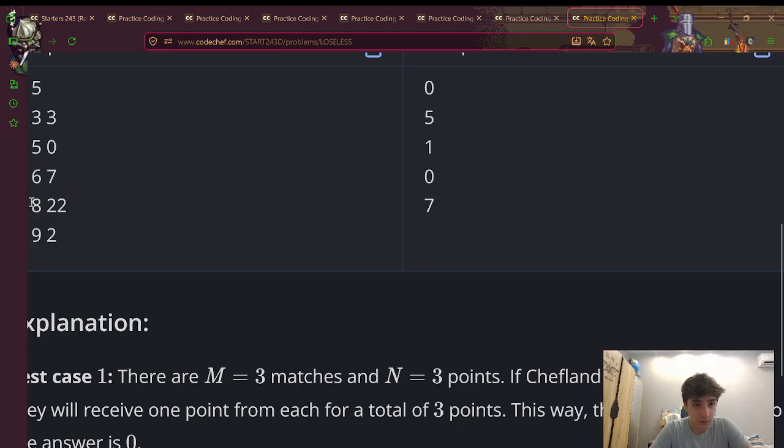Wait a minute. So this is only one test case. Wait a minute. What about if... Okay, yeah, I understood when A is greater and when A could be equal, like this test case and this test case. Now what about if A is less than B?